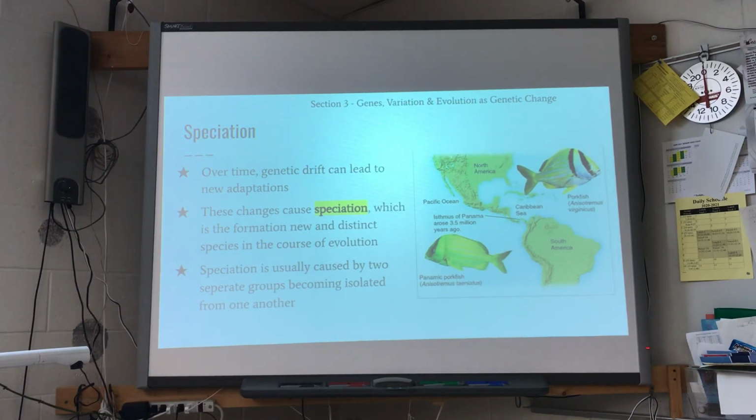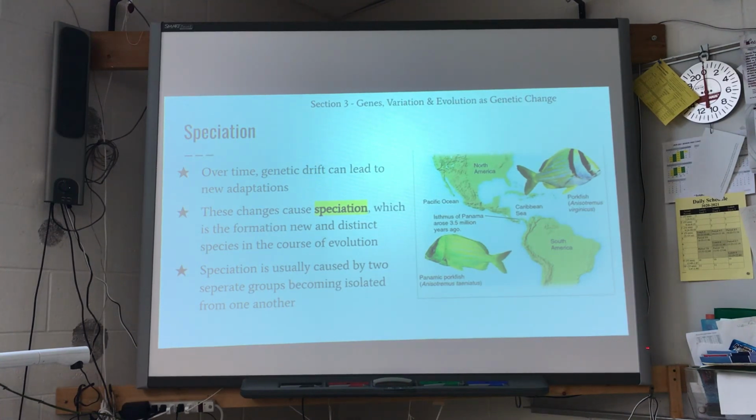If they're isolated long enough and enough differences accumulate within each population, then if and when they were brought back together, according to the biological species definition, if two organisms can reproduce and have fertile offspring, so the babies can have babies, then they're the same species. However, if they can't or they don't, then we classify those as two different species.